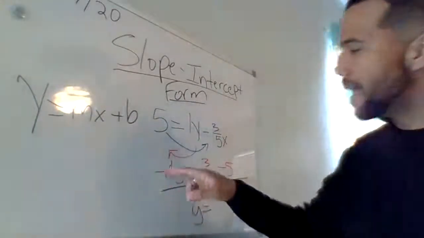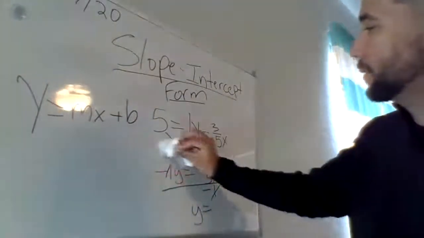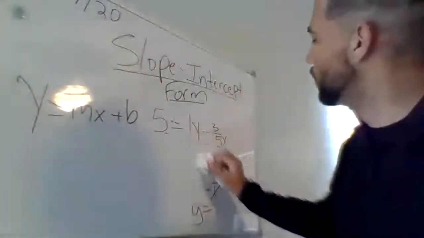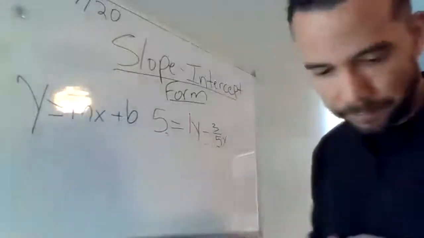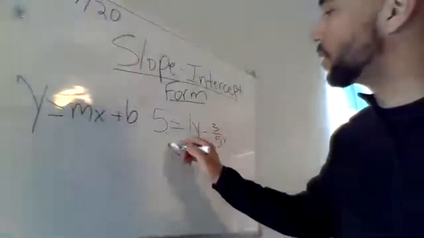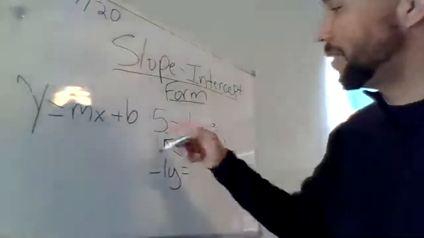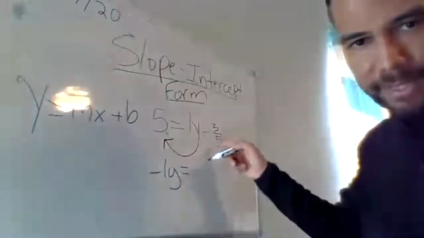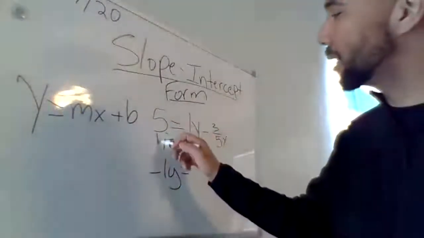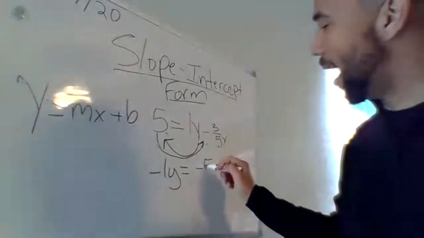Okay? Negative 1y. Now, actually backtrack that. We move it across the equal sign. So now, because we moved it across the equal sign, it becomes negative 1y. This needs to also come across the equal sign. So when this comes across, it becomes negative 5.